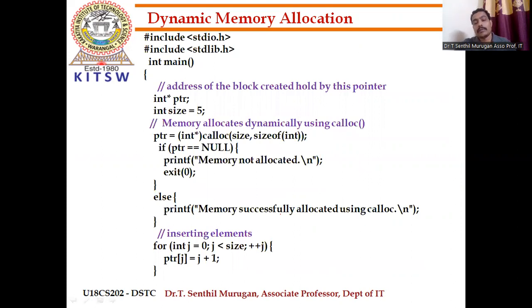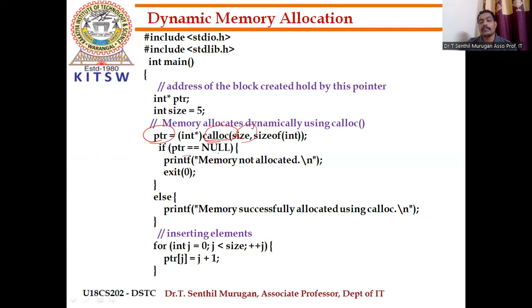This is a sample program for reallocation. First, calloc the memory, with how many elements and the size of an integer. So blocks of integer size will be allocated for the number of elements. If the pointer is created, the memory was successfully created; otherwise the memory is not created.